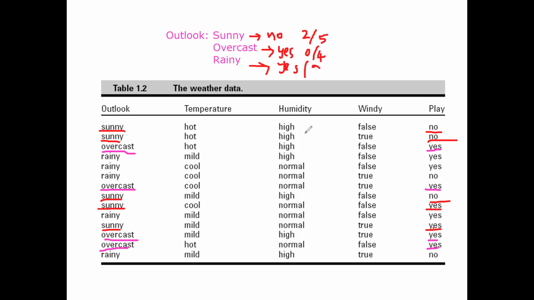So in rainy, for example, we can say rainy yes, rainy yes, rainy no, rainy yes, rainy no. That means we have 3, 4, 5.